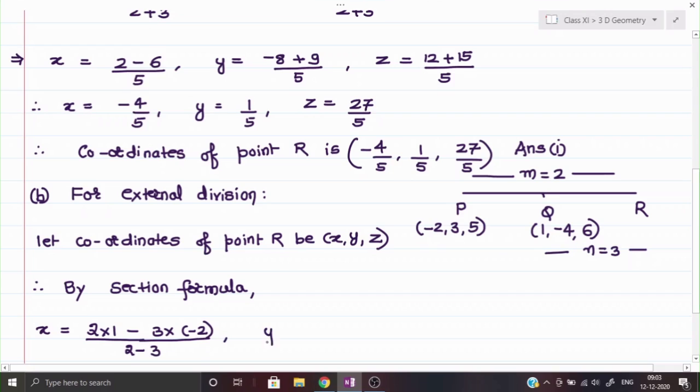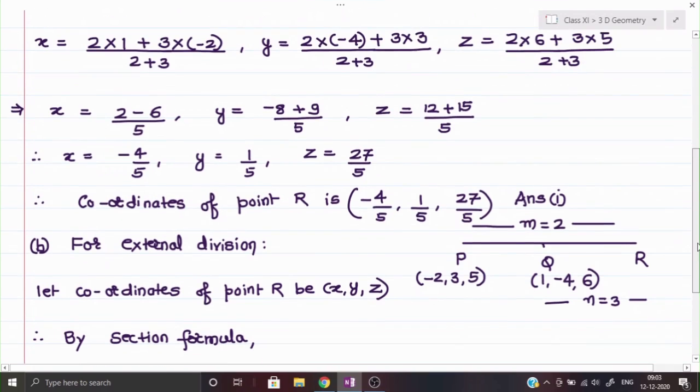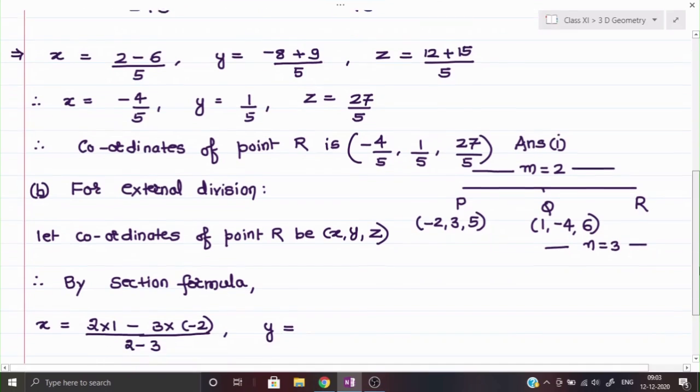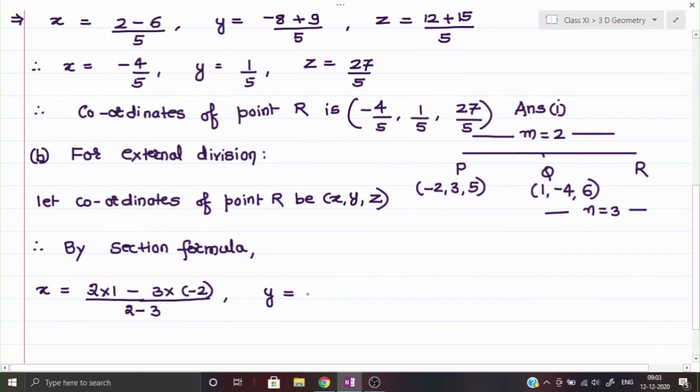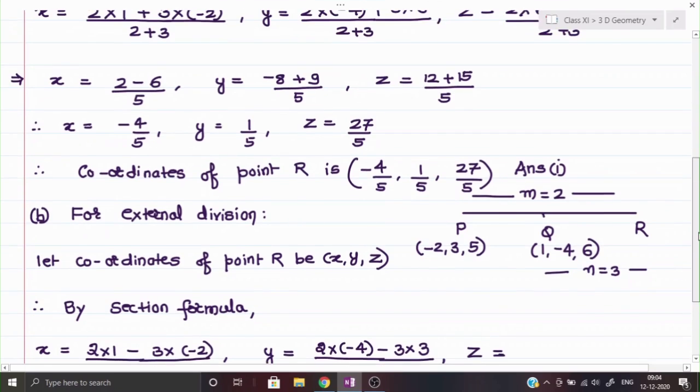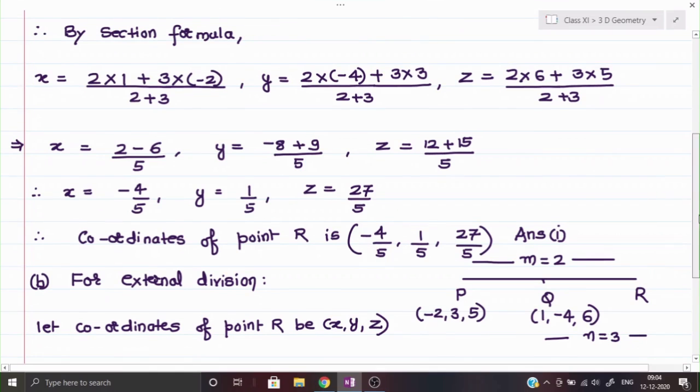Similarly, the value of y will be 2 into -4 minus 3 into 3, whole divided by 2 minus 3. And z will be equal to, same way, because the formula is the same, only the difference is of sign: 2 into 6 minus 3 into 5.